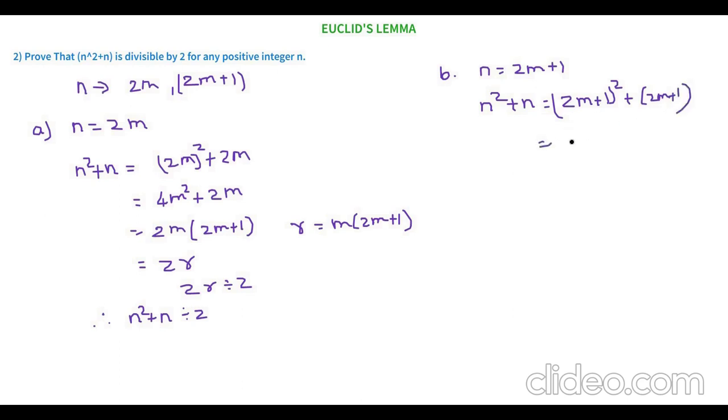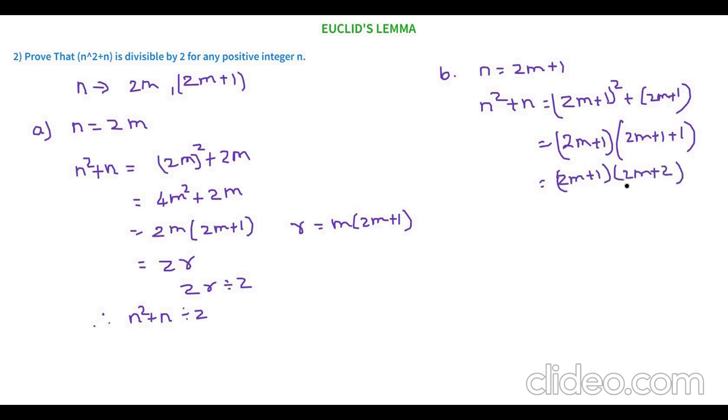So now in these two I'm going to take 2m plus 1 as common. So here what we'll have, 2m plus 1 which is remaining, and then again another plus 1 because this has come out. So here we can write this as (2m plus 1) times (2m plus 2).